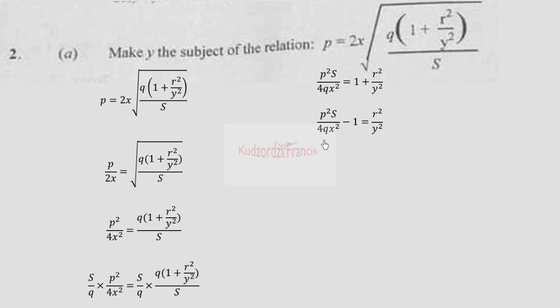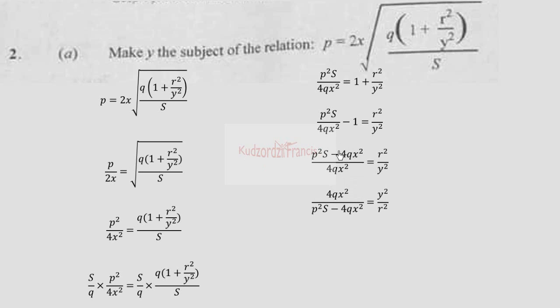So 1 is the same as 4qx squared over 4qx squared. So we just subtract the numerators to get p squared s minus 4qx squared over 4qx squared. Now let's somersault both sides of the equation. Let's flip both sides of the equation.